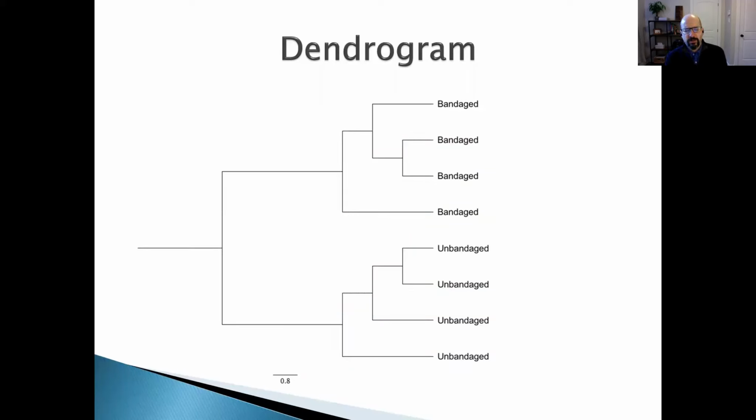Dendrograms. This is another way to visualize similarity, okay? And it looks like branches. In the first study I did, I called that a phylogenetic tree.